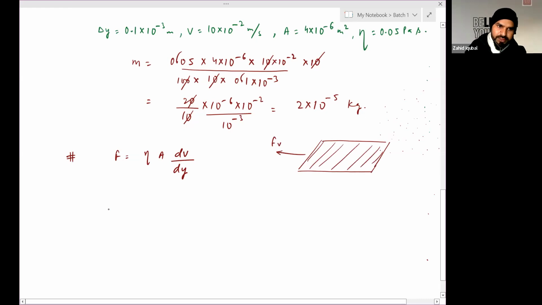So if you rearrange this expression, eta will equal F divided by A, whole divided by dV by dy.